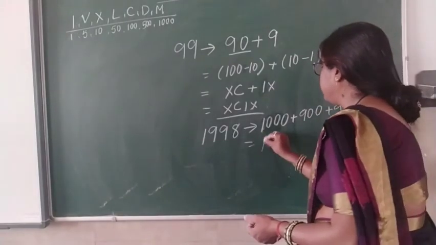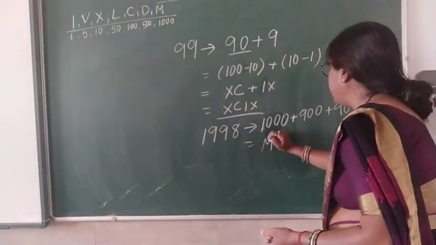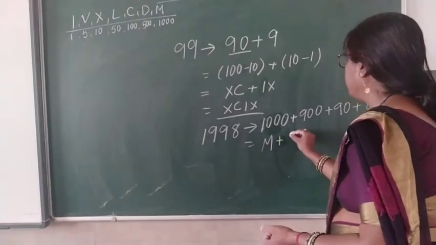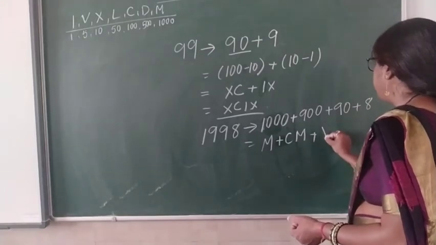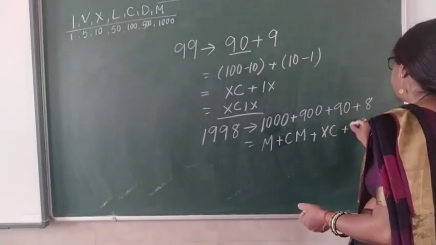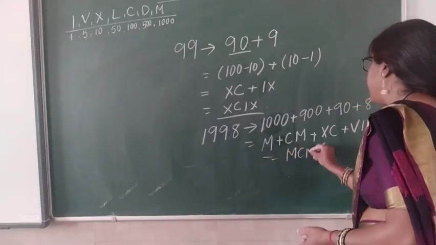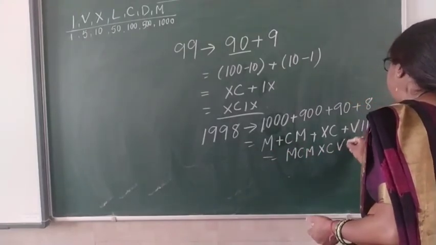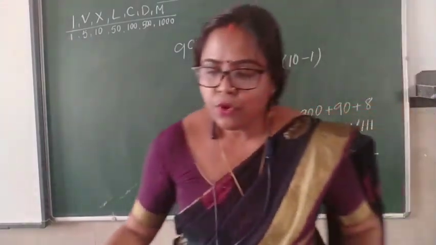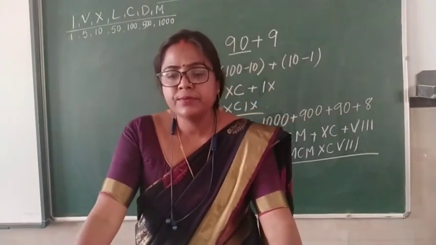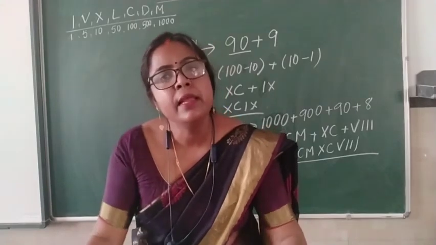So 1000 is M, for 900 we write CM, plus 90 is XC, plus 8 is VIII. So it is MCMXCVIII. Is it not so interesting? So, writing the Roman numerals from the given Hindu-Arabic number, we can first break into the place value and then write it down.